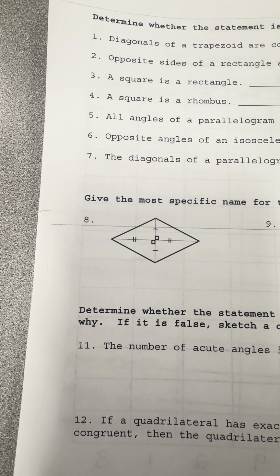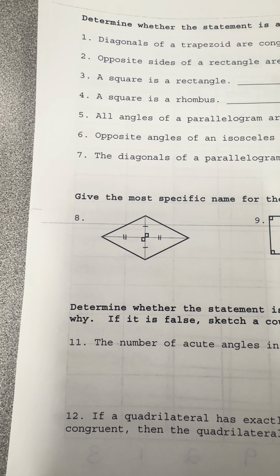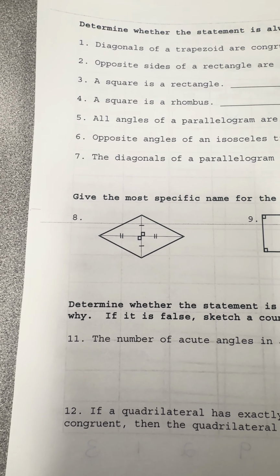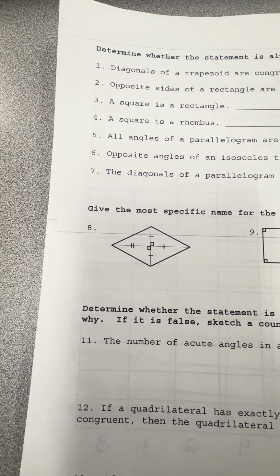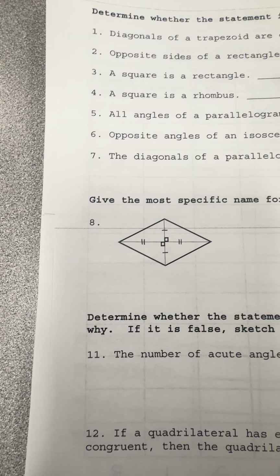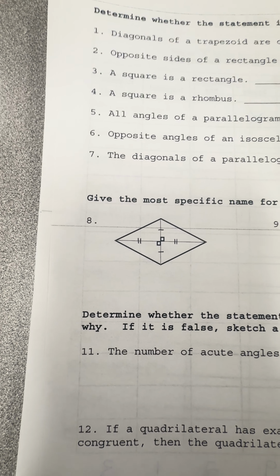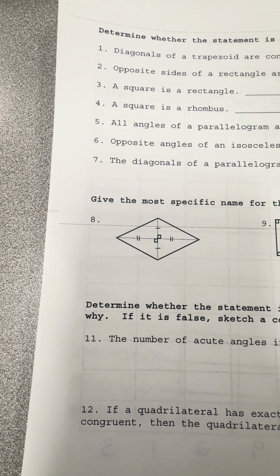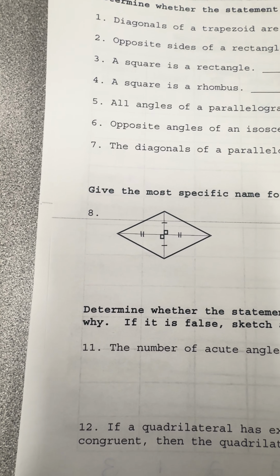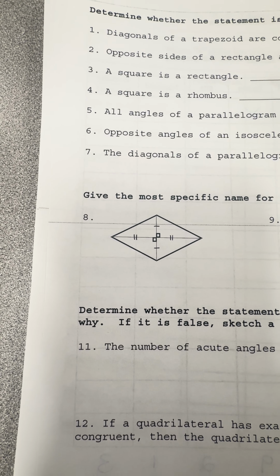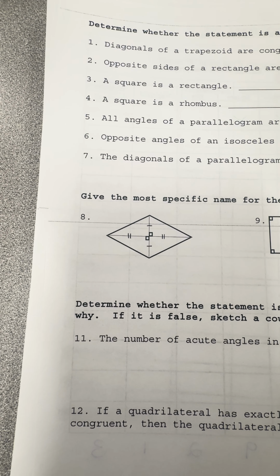The diagonals are perpendicular, which means it could be a rhombus. It also could be a square. It cannot be a rectangle. The diagonals are bisecting each other, which means it's a parallelogram. I cannot say it's a square because a square would have to have 4 right angles. So this one is a rhombus.